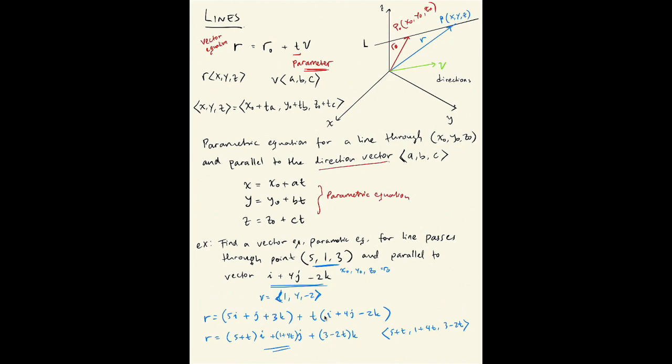Yeah, vector equation. Actually, you want to complete the answer. The r is a vector equation, and you can write the parametric for each x, y, and z. So the parametric equation will be 5 plus t.